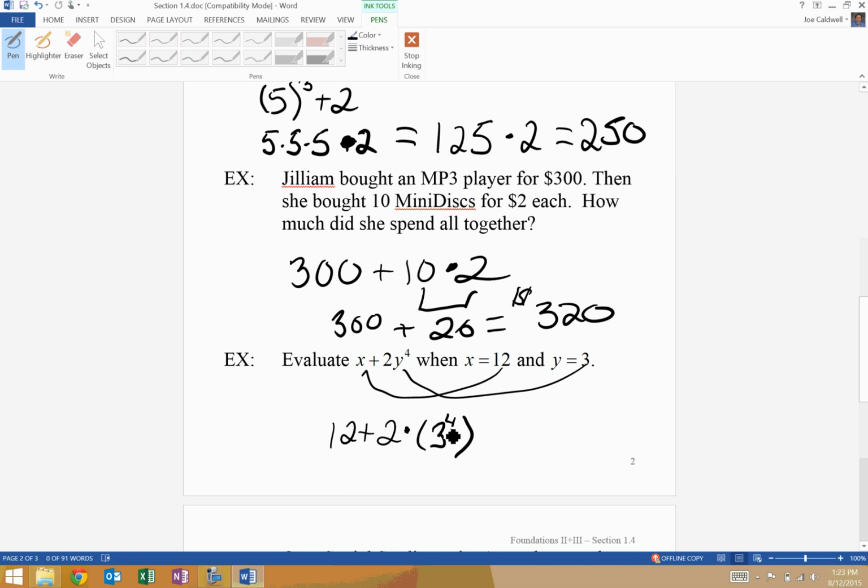We have an exponent, so we do that first. 12 plus 2 times, let's solve that, 81. Now what do we do next? 12 plus 2, or 2 times 81? Looking at our order of operations, we should do 2 times 81, which gives us 162. Then we tack that 12 on, and we're left with 174.